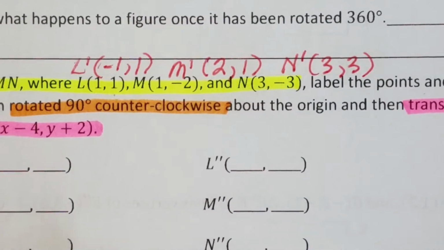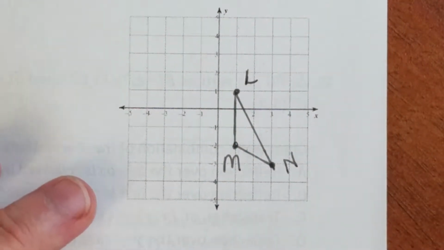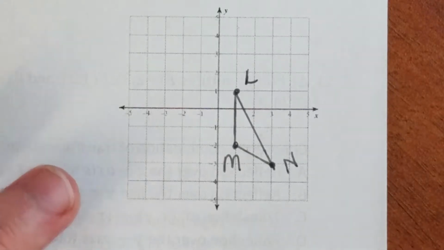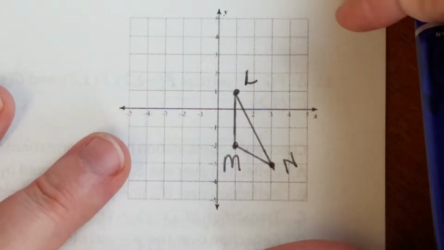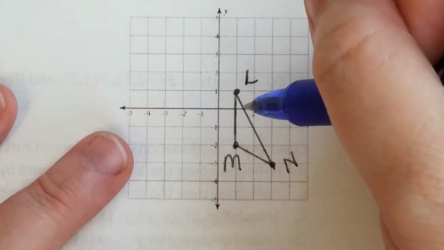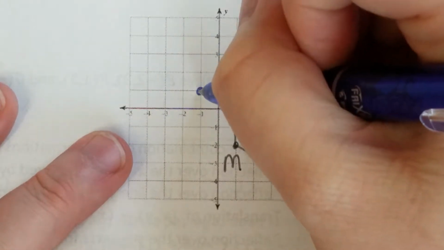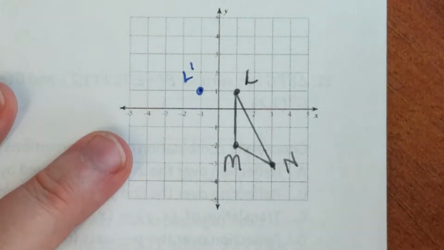So we're going to go ahead and plot those on our graph. I'm going to come back over here and let's use a different color. So we have -1, +1, that is going to be L prime.